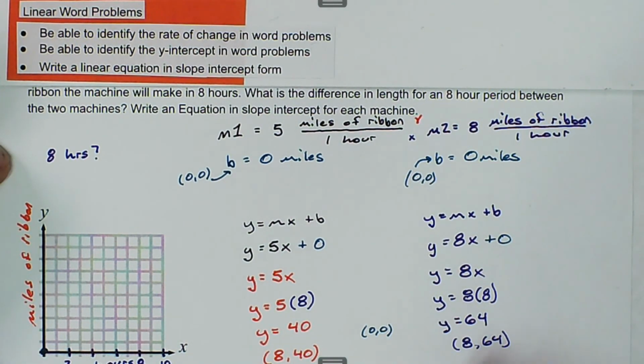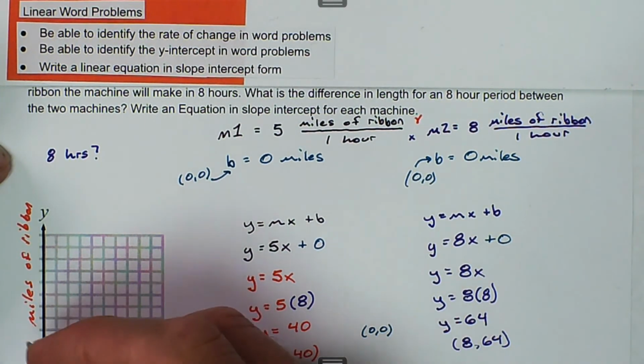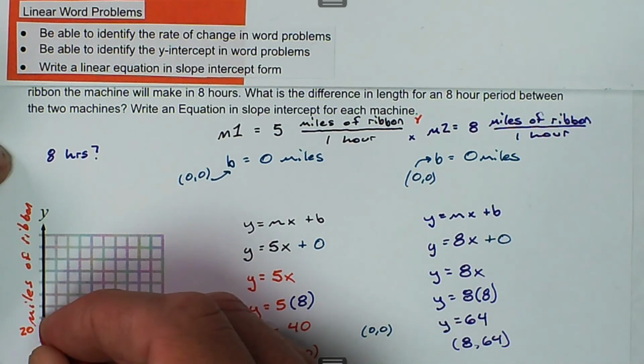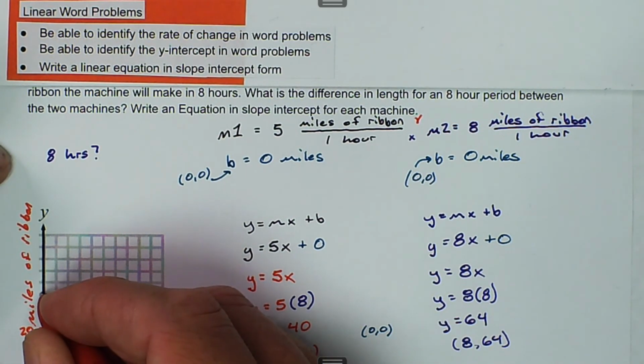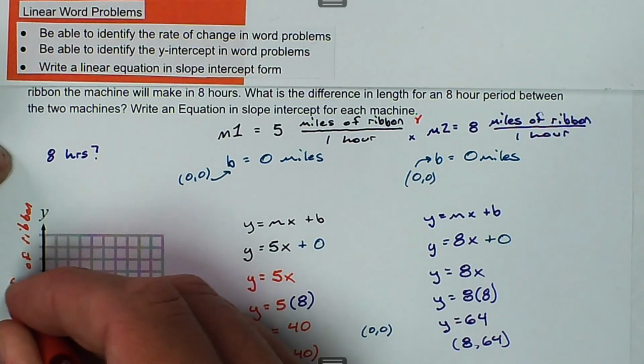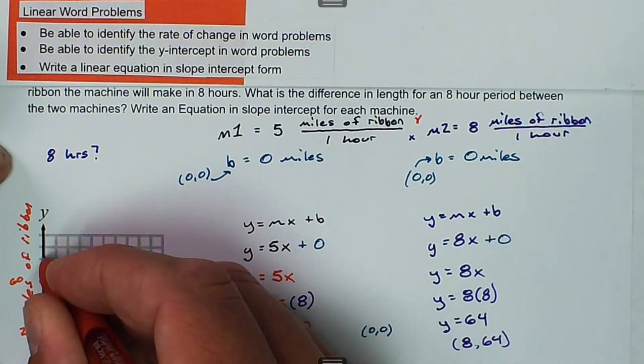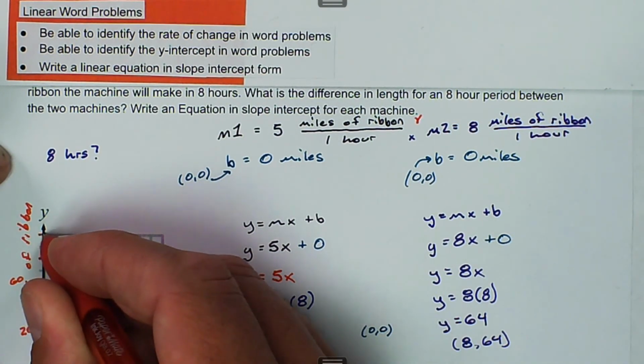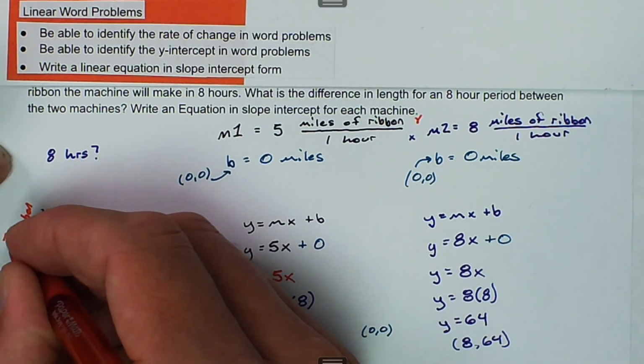And the y value has to get up to 100, so a good one to count by would be tens. So 10, 20, 30, 40, 50, 60, 70, 80, 90, 100.